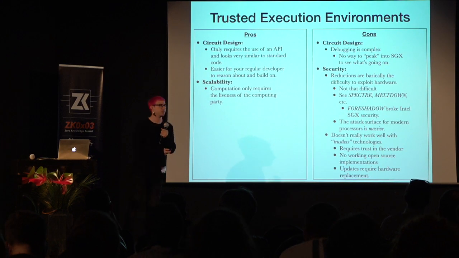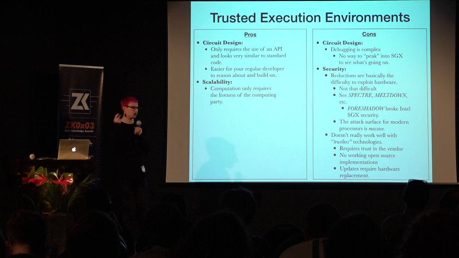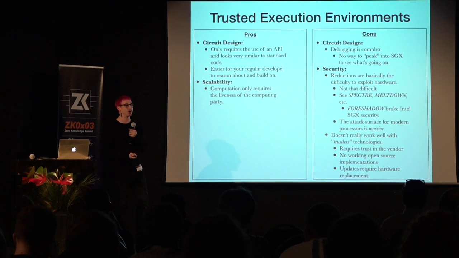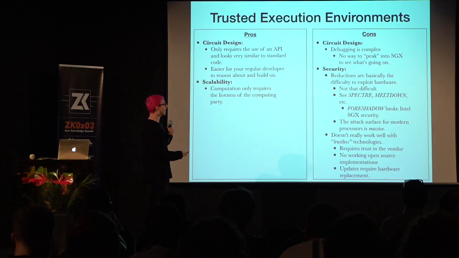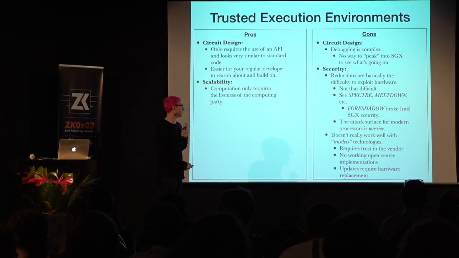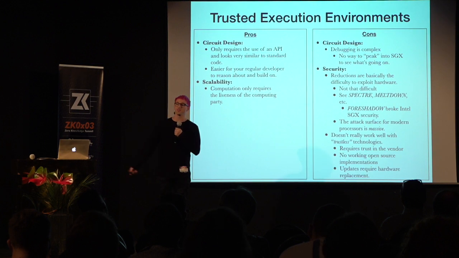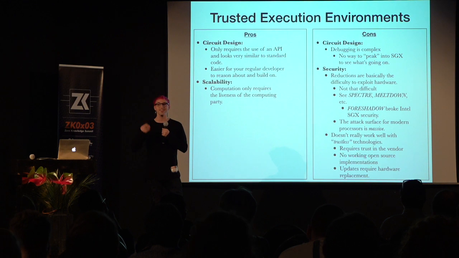Security. The reductions, if you can call them that, are basically the difficulty to exploit hardware, which, as we've seen in the case of Spectre, Meltdown, especially Foreshadow, just aren't that secure. As much as everybody wants them to be secure, we wish they could be secure. Unfortunately, they just aren't.